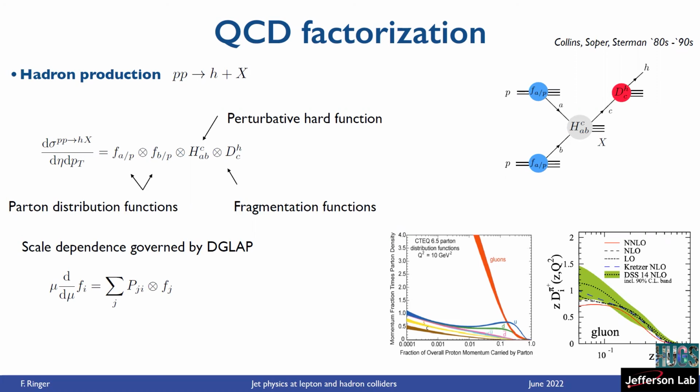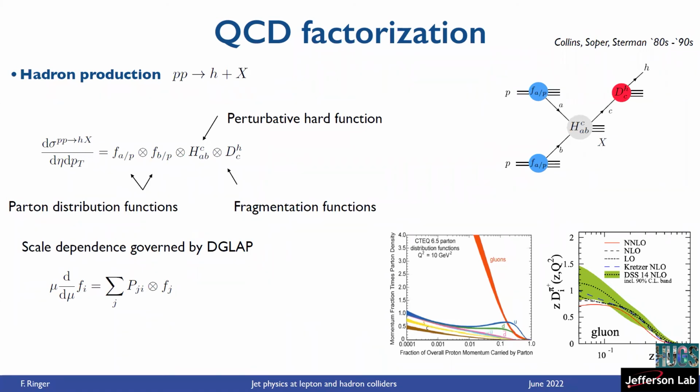Then I can use those to make predictions for other processes. For example, I could use deep inelastic scattering from HERA or JLab and extract those PDFs, maybe also the fragmentation function, and then use them to make predictions for the LHC. That's what it means that we have universality: I can extract them once and use them to make predictions for something else. You can see here examples of these.